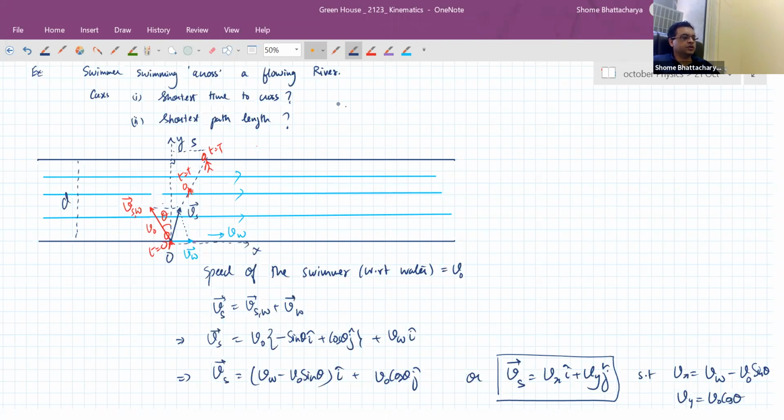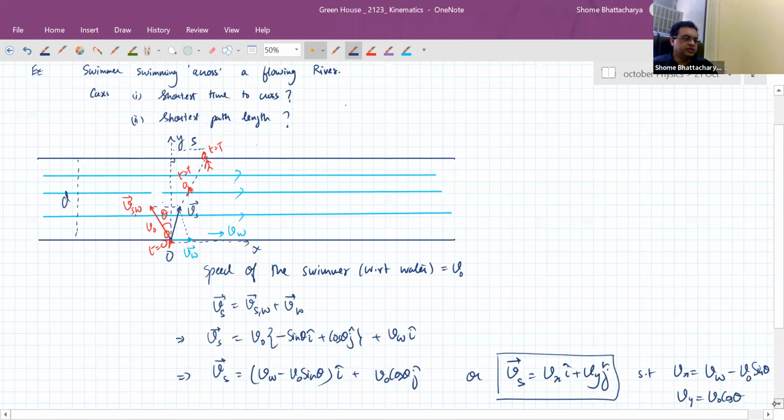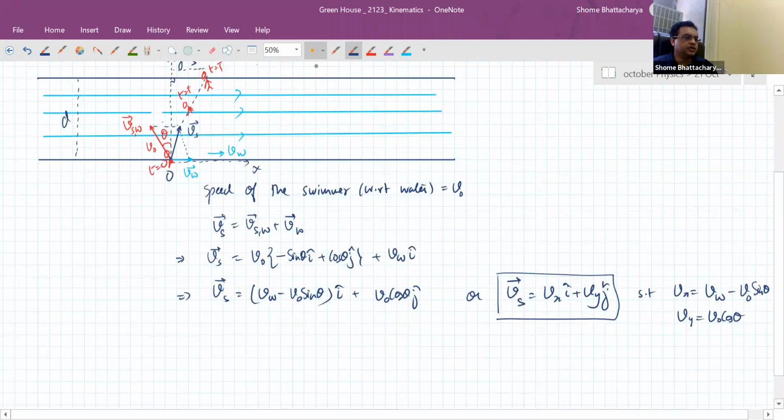So I'll come to that also. Okay, so if everything in this diagram is clear, now we can see the next thing.